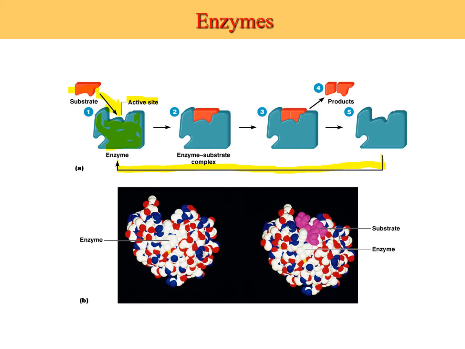The substrate binds into the active site. You get an enzyme-substrate complex, and then conversion of the substrate through the catalytic activity of the enzyme into the products here. And now, as I said before, the enzyme is unchanged and is available to act on some more new substrate molecules.